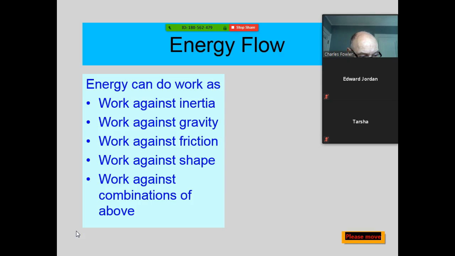Did you remember us being somewhere else? I thought we did examples 3.7 and 3.8. 3.8 was the football player crushing a quarterback, and we talked about that one. I believe that's where we ended last time. What do you think? Okay, I'll assume that's it. So we're picking up now with energy flow.